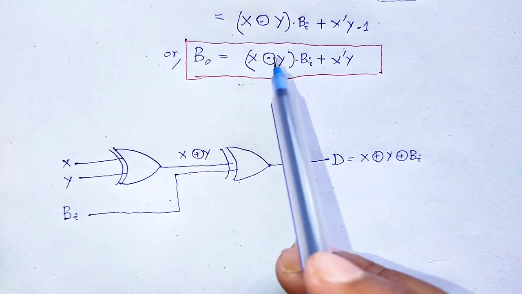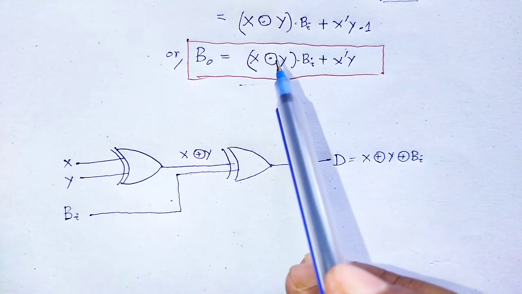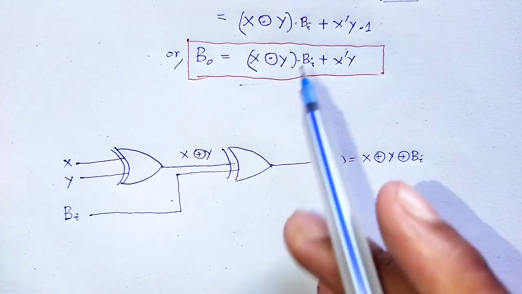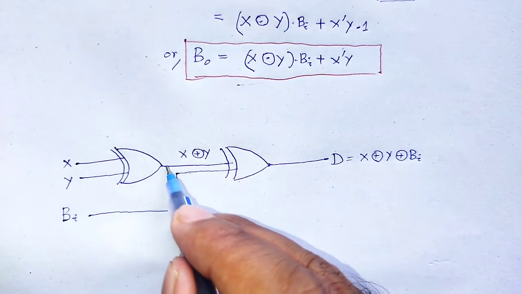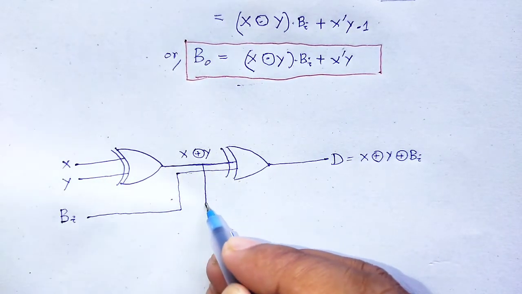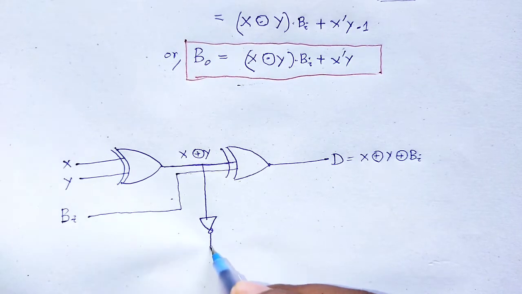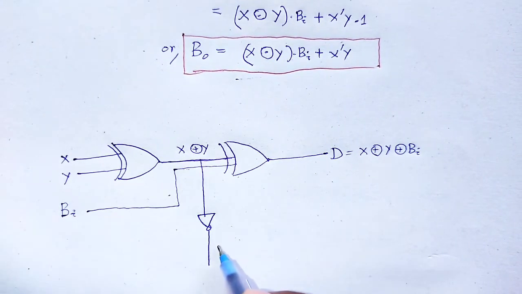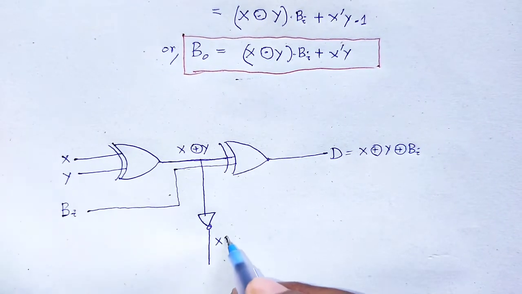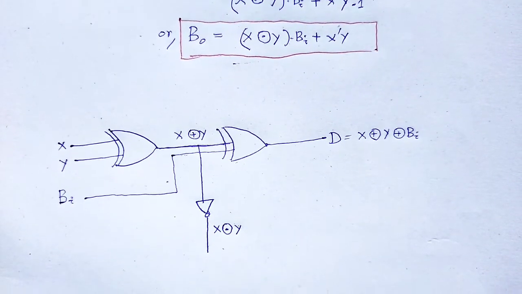Next, for BO we draw the circuit. First x XNOR y, so that is the prime of XOR. When that input is x XOR y, when I use a NOT gate here, we have x XNOR y at output.